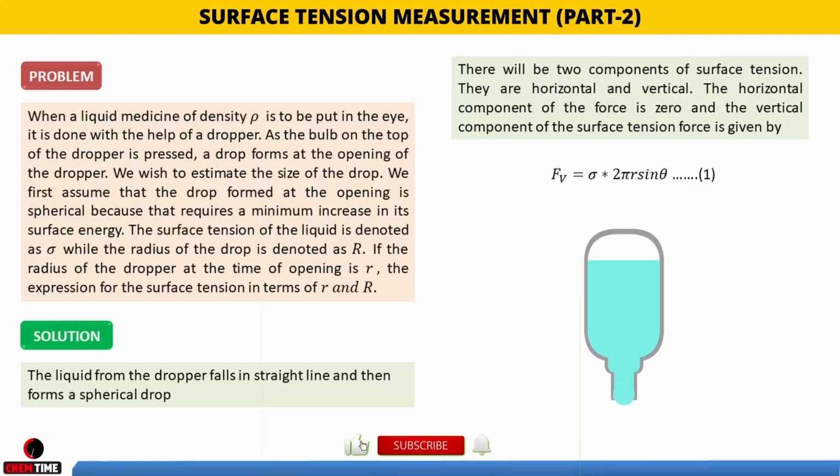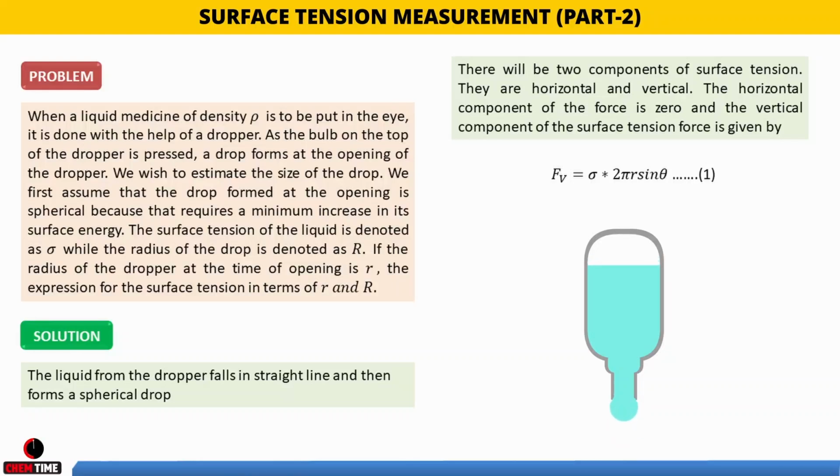The problem is given as: when a liquid medicine of density rho is to be put in the eye, it is done with the help of a dropper. As the bulb on the top of the dropper is pressed, a drop forms at the opening of the dropper. And our interest is to determine the surface tension of this liquid medicine.